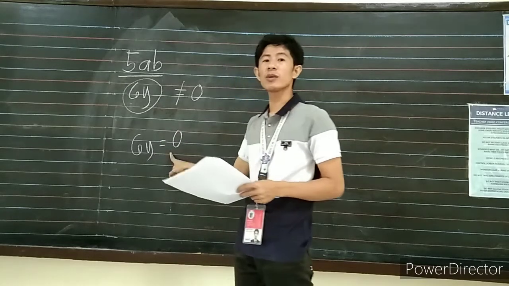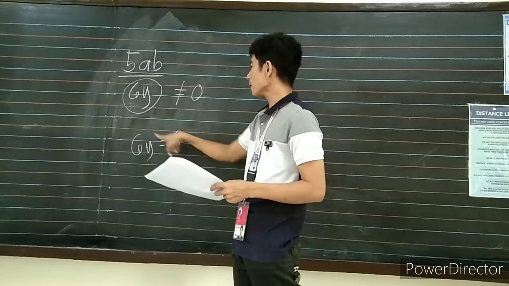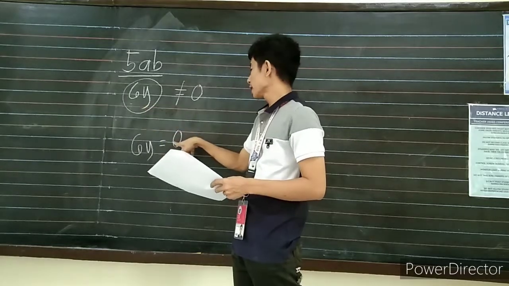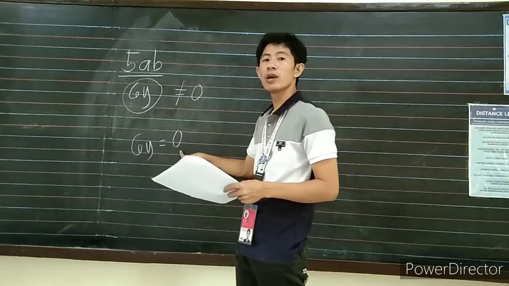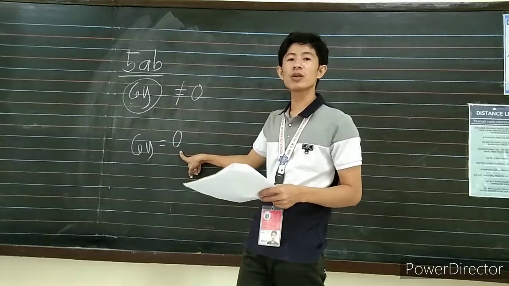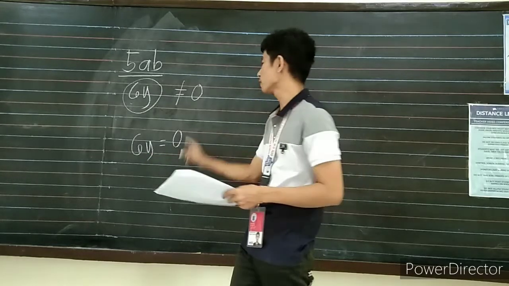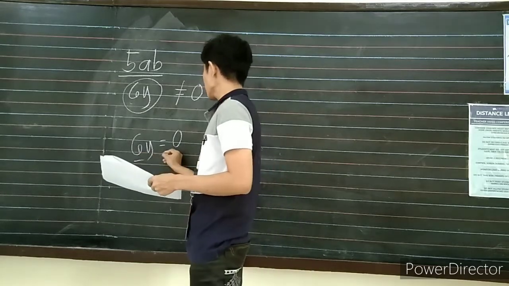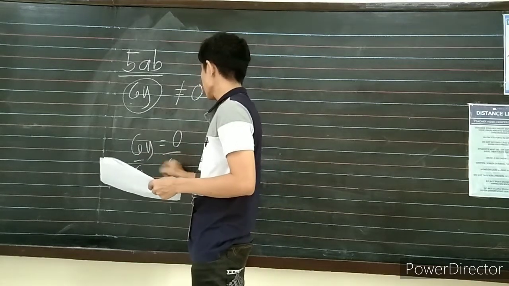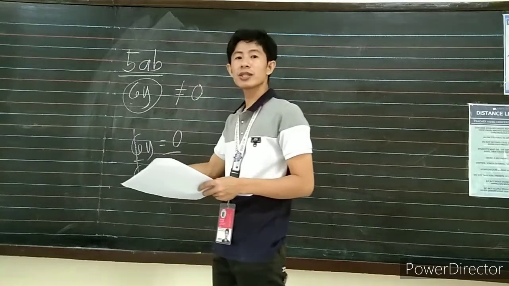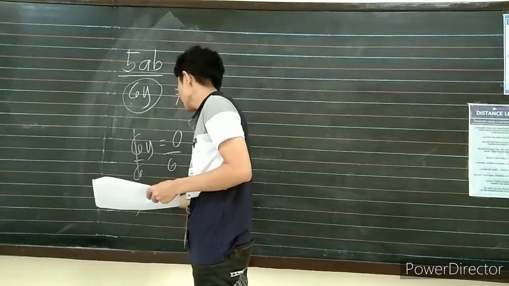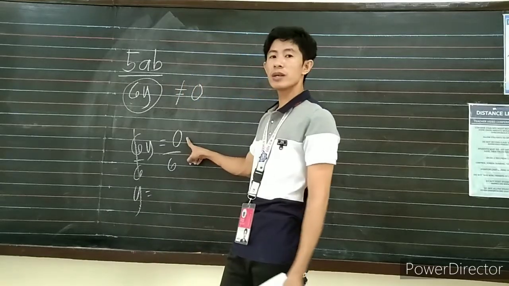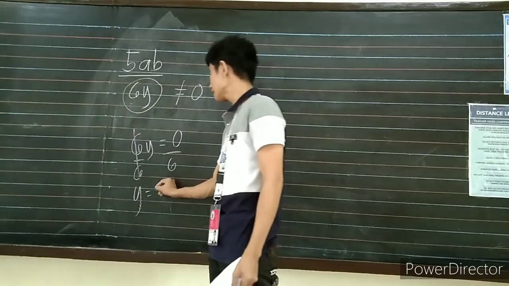So we're just going to equate the denominator to 0. Again, equate the denominator to 0 and then solve for the value of the variable involved. Okay, so we're going to divide by 6 to cancel out 6 on the left side of the equation. And what is left is y is equal to 0 divided by 6, that is 0.